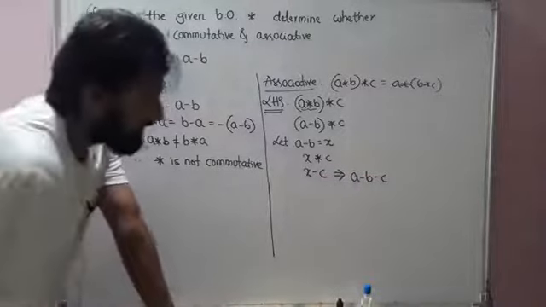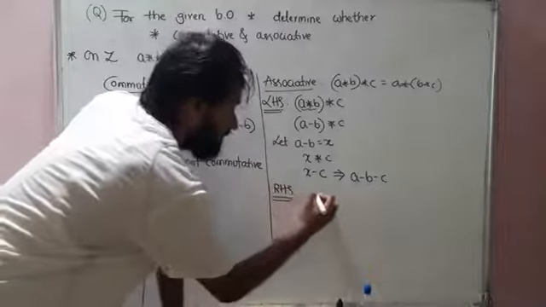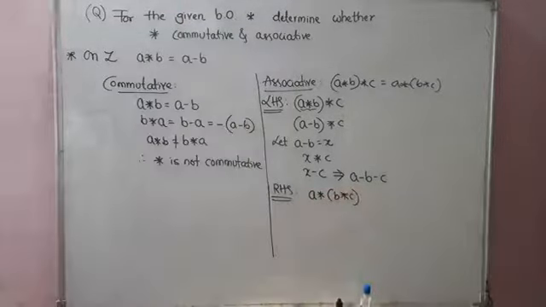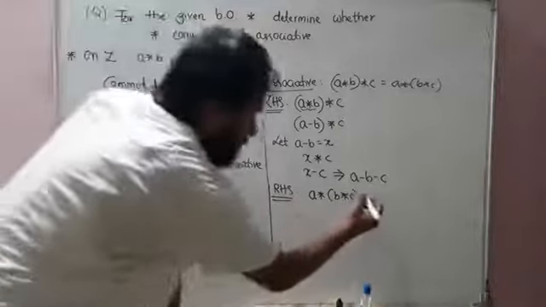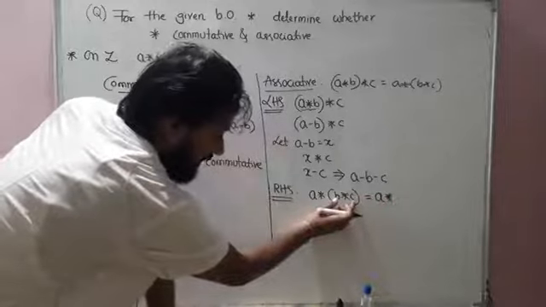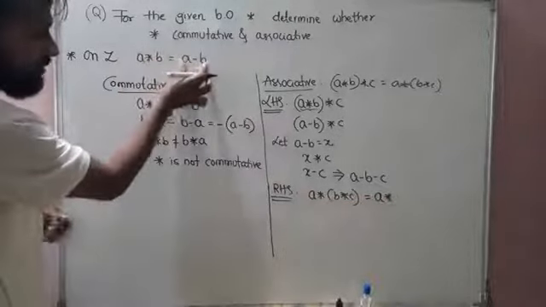Okay. So now let's see the RHS. Let's see the RHS. What does the RHS say? a star (b star c). This is the RHS. Yes or no? Yeah. So now this is equal to a star, and in the bracket I have b and c, right? If you have b and c here, the answer will be b minus c.